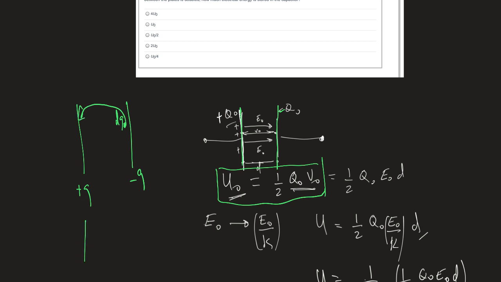You start charging the capacitor and you place more positive charge in one plate and more negative charge in the other plate. We have done the calculation of the potential energy that you store, and the calculation was that U was 1/2 Q squared divided by C.